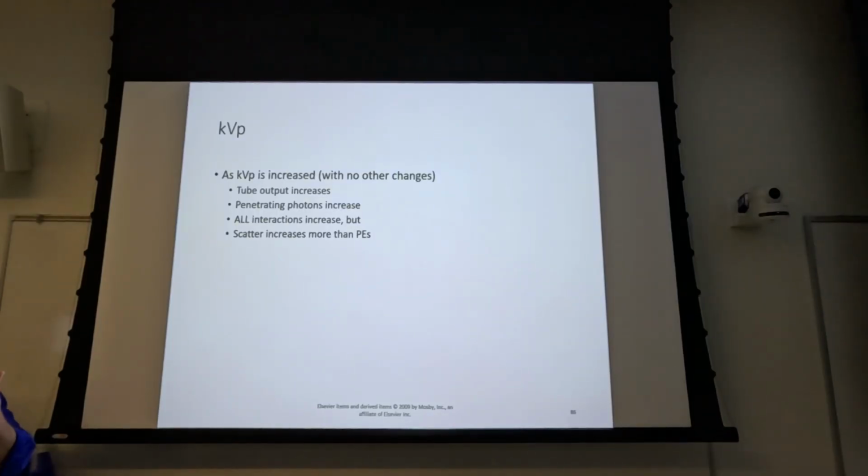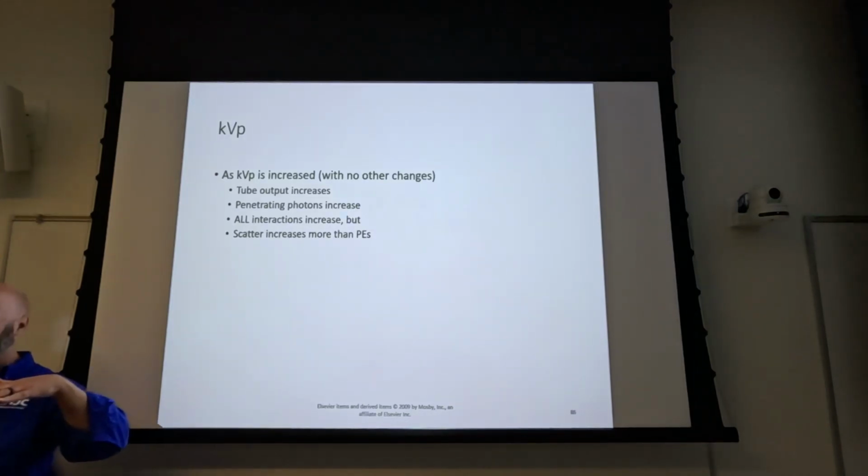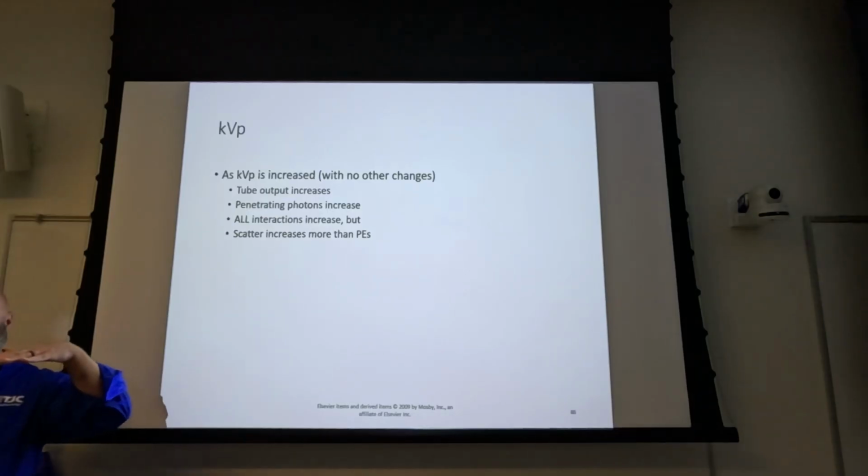We're still going to get some increased photoelectrics as well, but the patient is going to emit a higher percentage than what they absorb. So both go up, it's just that photoelectrics go up this much, penetration goes up this much.